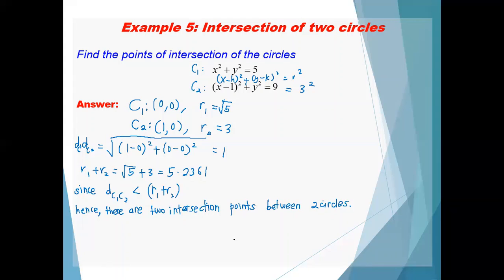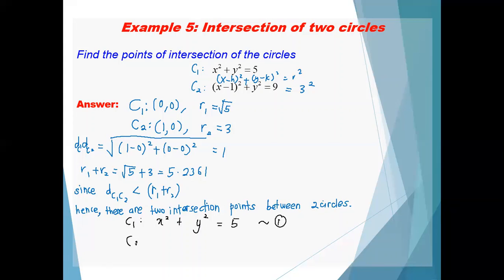Alright, so we take C1: x squared plus y squared is equal to 5.